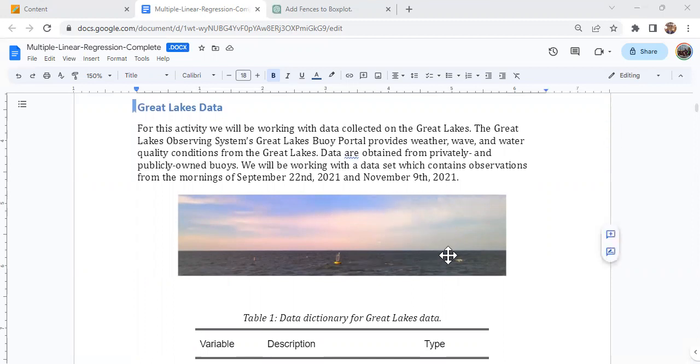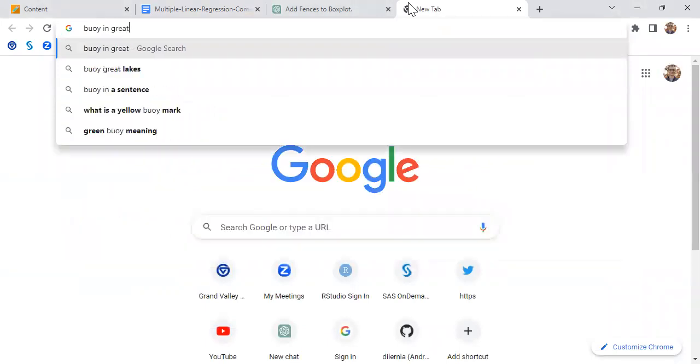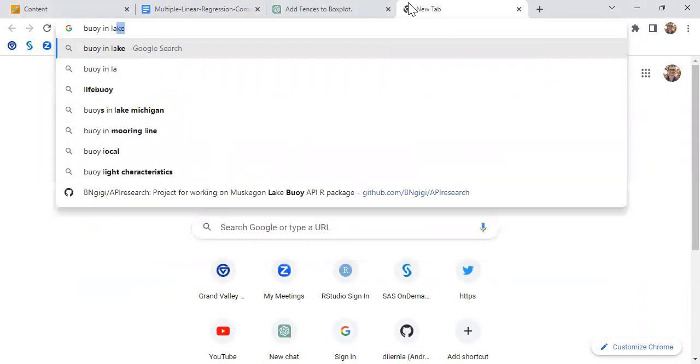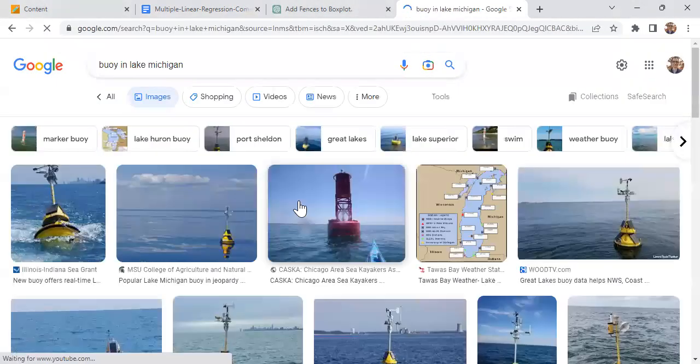So this data was collected from the organization called the Great Lakes Observing System. Essentially, it's an organization that has organized data collection efforts from various buoys across the Great Lakes. This picture shows it a little bit, but there are these different buoys in the Great Lakes, right?